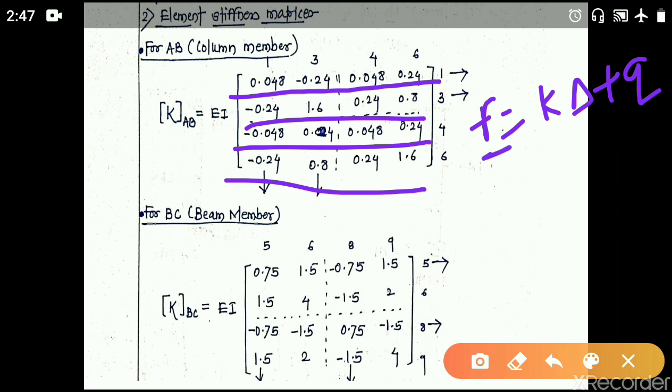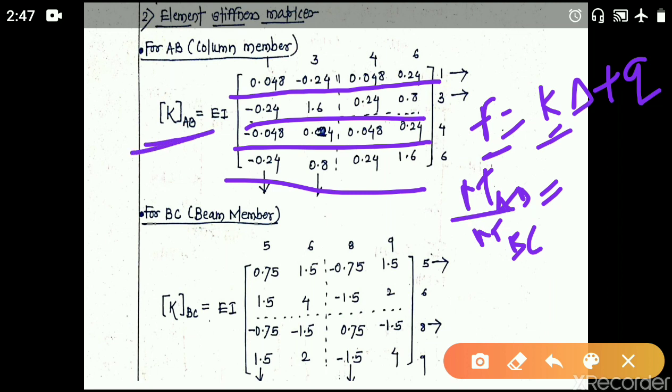In F you will have the unknowns, that is MAB and MBA, equal to K. That K means the K of AB, with only the rows of moment. The second corresponds to the moment row.